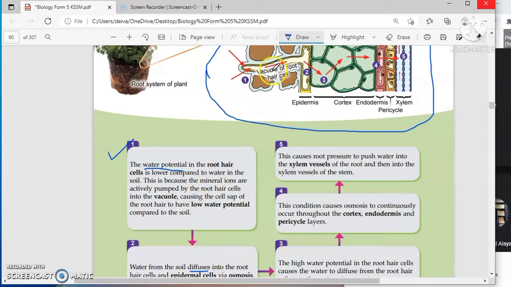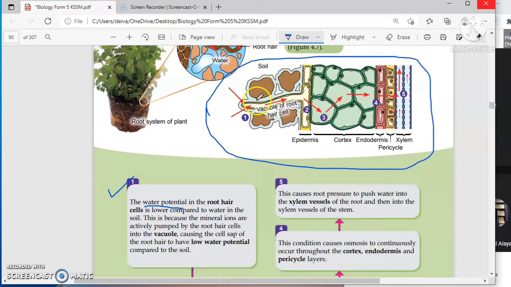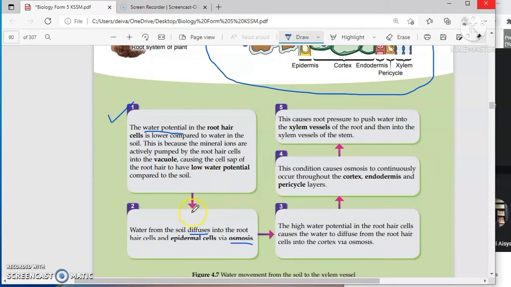Because inside the root hair cell they have low water potential, because inside the root they have more mineral ions, so the water potential there is very low. So the soil has more water, and that water will diffuse into the root hair cell. Water from the soil diffuses into the root hair cell by osmosis.